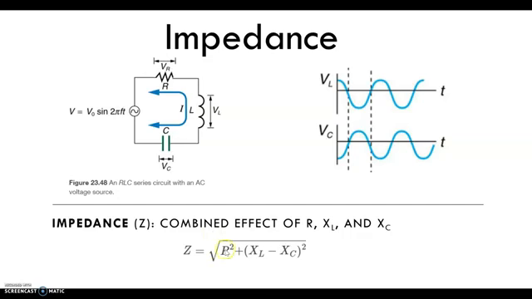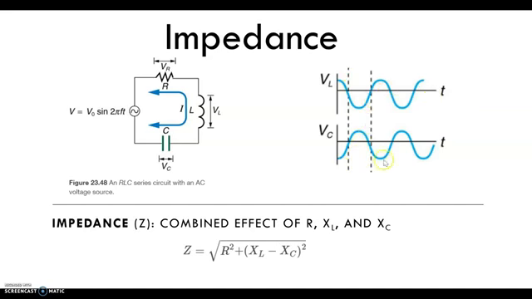And here below is the equation for it. Again, can't just add them. That's how we will solve for impedance. The inductor and the capacitor, as we saw a little bit before, act in opposite ways. This allows them to at least partially cancel out each other's effects, if not fully.